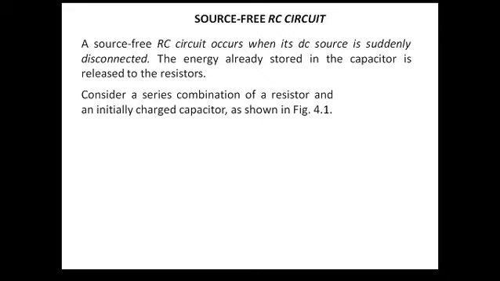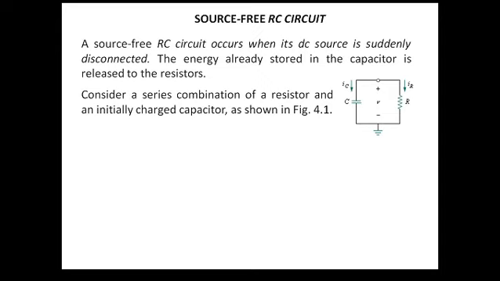Consider a series combination of a resistor and an initially charged capacitor, as shown in this figure. You can see there is no source here; it is a source free circuit. It consists of only a resistor and a capacitor.